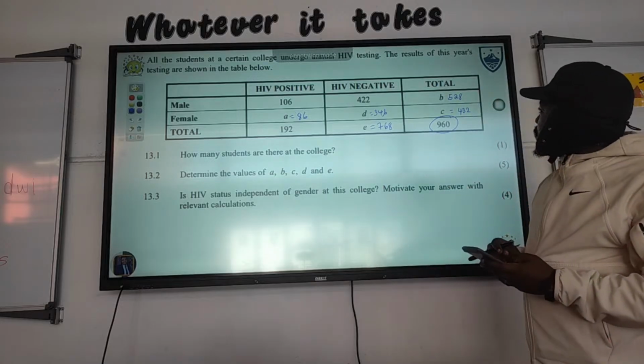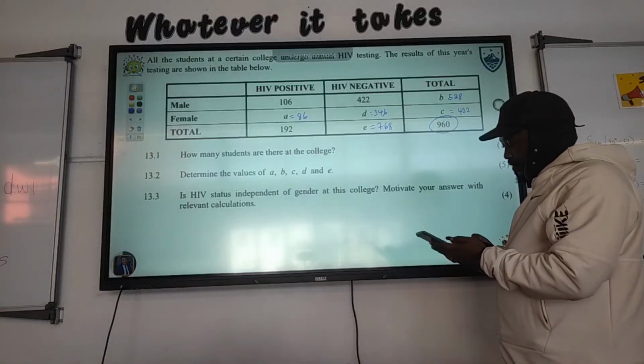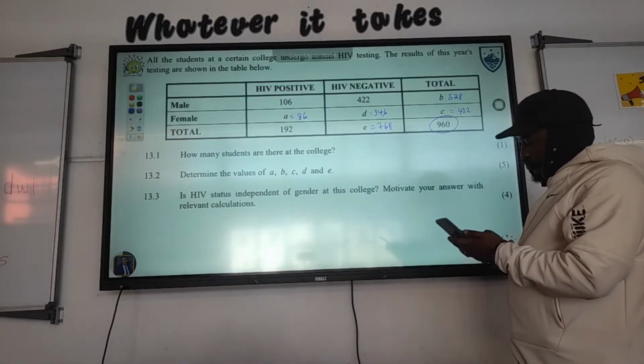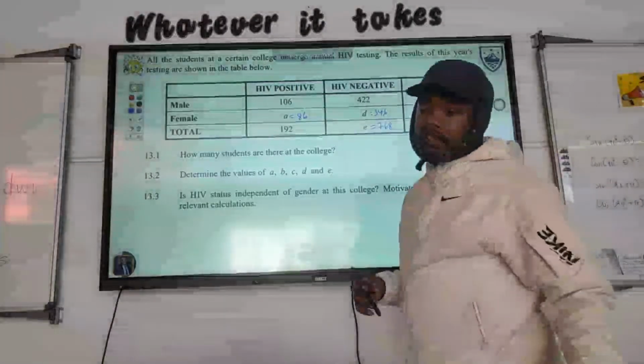That's 528 when you add it, or when you subtract 432 from 960, it gives you 528. So all the numbers actually tally.